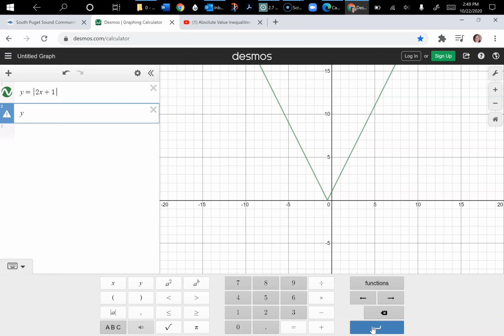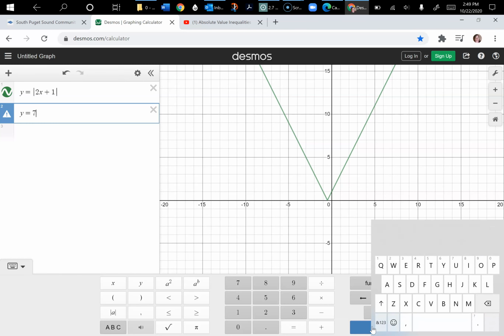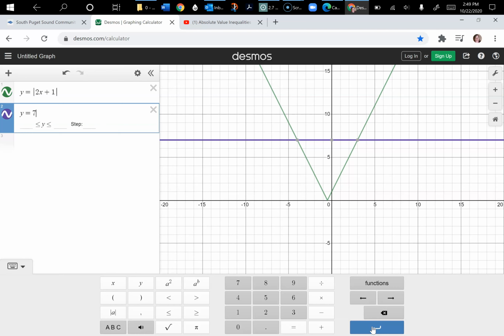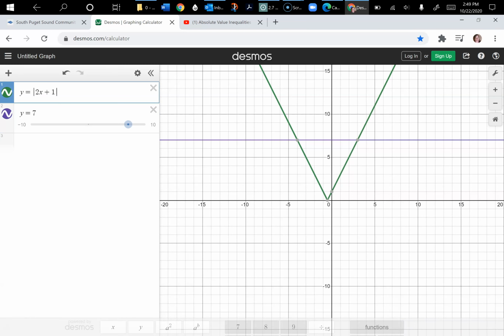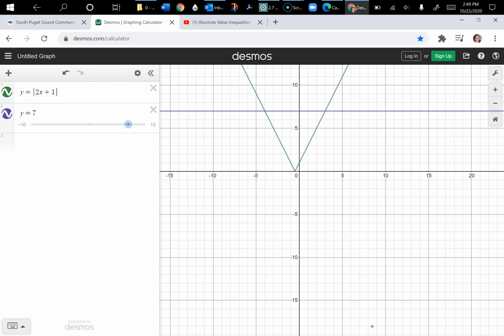And then I want to know when that is greater than or equal to 7, but I'm just going to put in equal to 7 here. I can look at it and see where it's bigger. It's above that line. That's why there are 2 separate pieces.